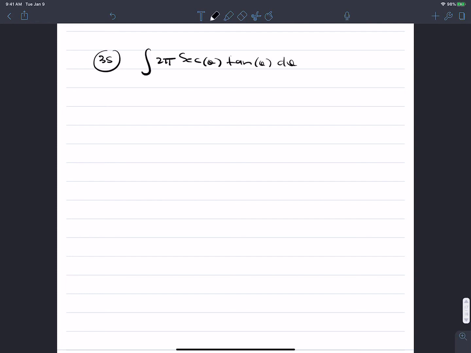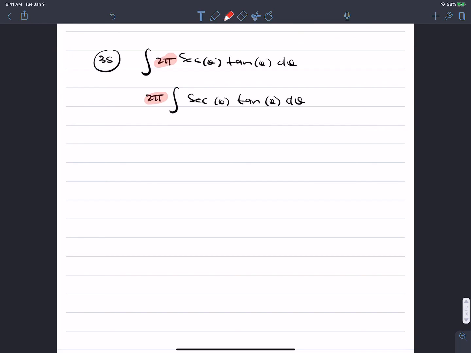You don't have to use a property here, at least not a trig identity property. We are going to use an integral property because we have a constant times a function, so we have to pull out our constant. So we pulled out the constant.